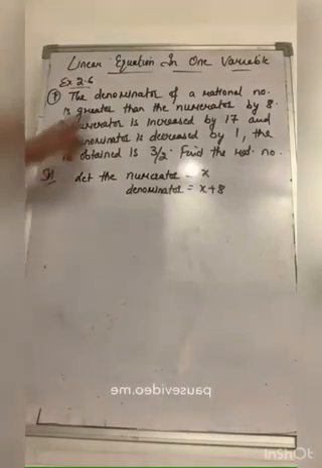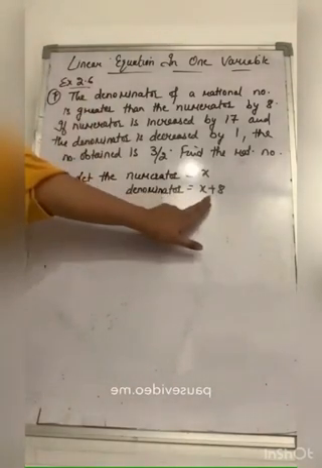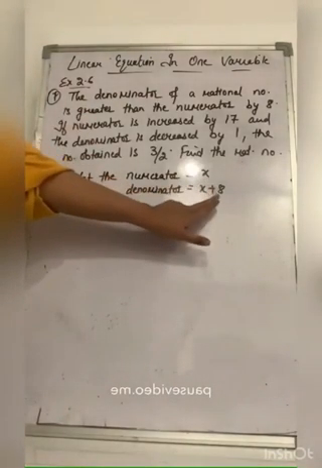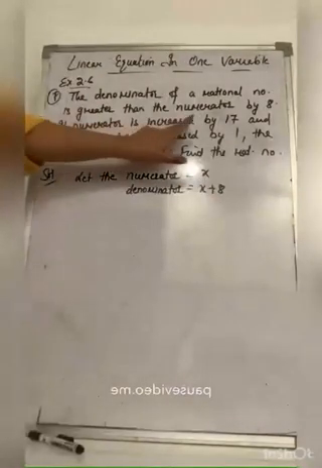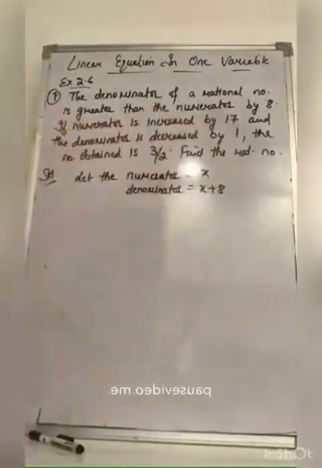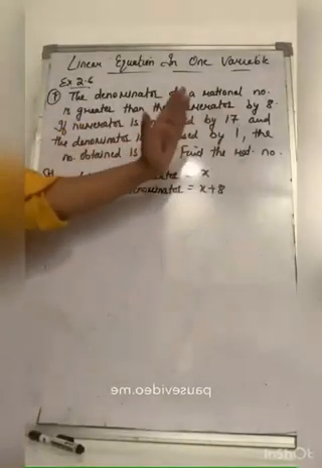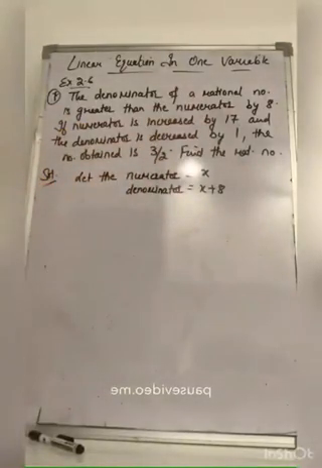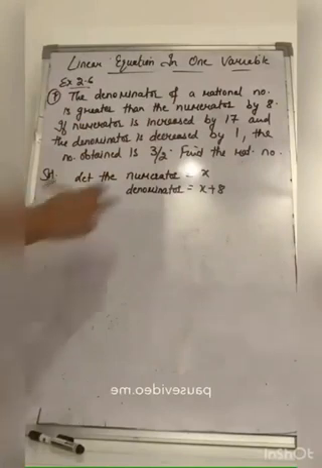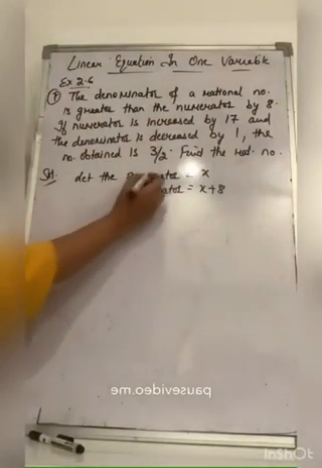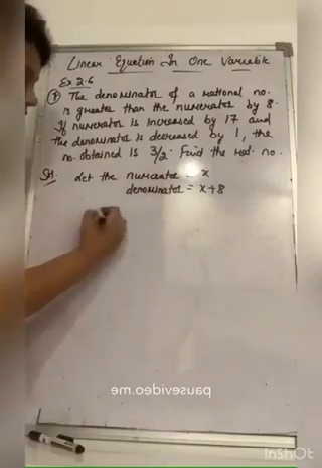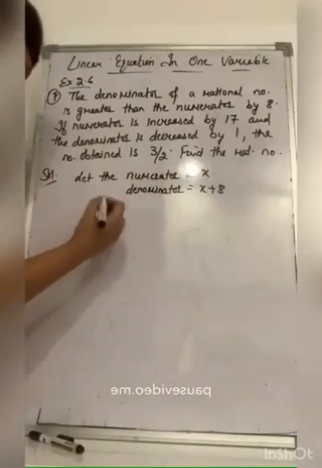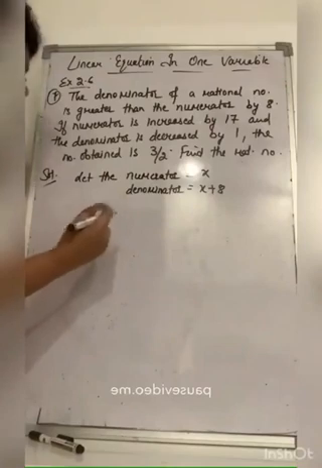Right? The denominator is greater than the numerator by 8. So if the numerator is increased by 17 and the denominator is decreased by 1, then the number obtained is 3 by 2. Now this is numerator and this is denominator. A rational number is in numerator over denominator form.